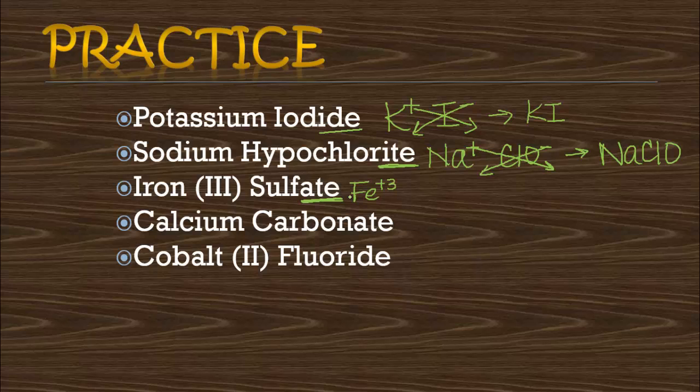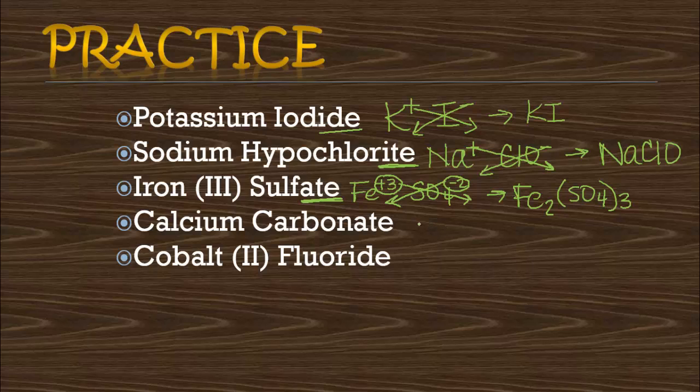So when I look up sulfate, I get SO4 minus 2. So I'm going to crisscross. I'm going to take my 3 and bring it down, my 2 and bring it down. So now, since I have to bring a 3 after a 4, I need to make sure I put SO4 in parentheses. So I'm going to have Fe2, open your parentheses, SO4, close your parentheses, and put the 3 on the outside.